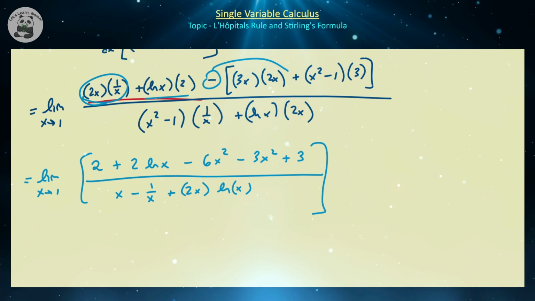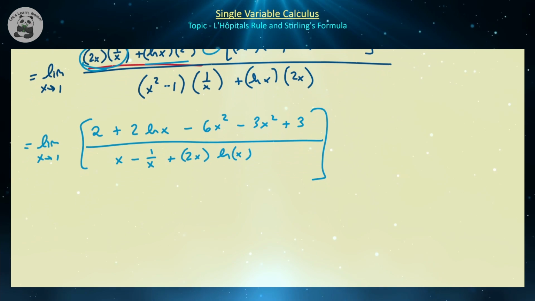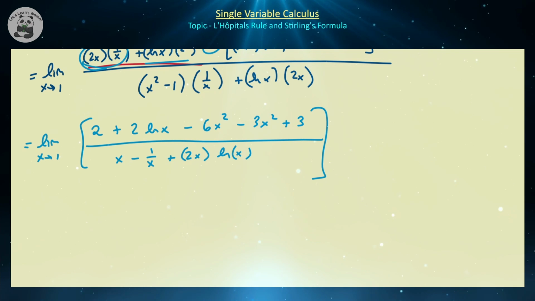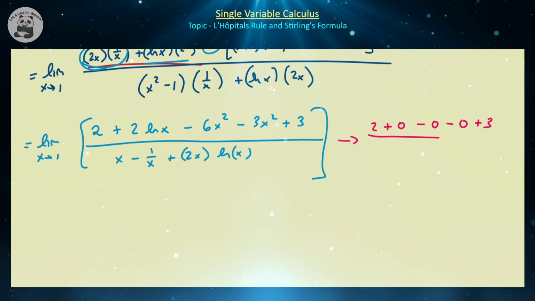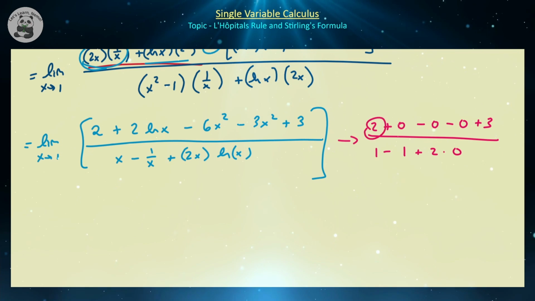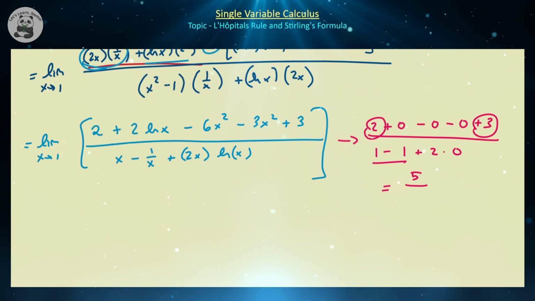Okay, cool. So let's try and plug in 1 into this expression and see what we get. So that's going to go to 2 plus natural log of 1, which is 0, minus 0 plus 3, all over 1 minus 1 plus 2 times 0. So on the top we're going to have 2 plus 3, which is equal to 5, all over 1 minus 1 is 0 plus 0, which is 0.